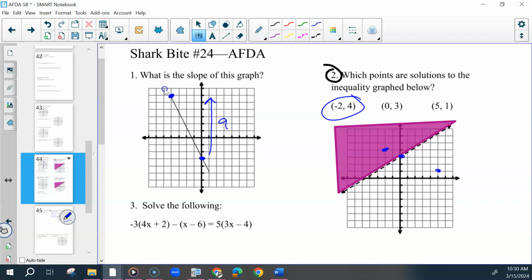And then to the left, 1, 2, 3, 4. So that would be a positive 9 over a negative 4, or negative 9/4. Questions on that, or other questions here?